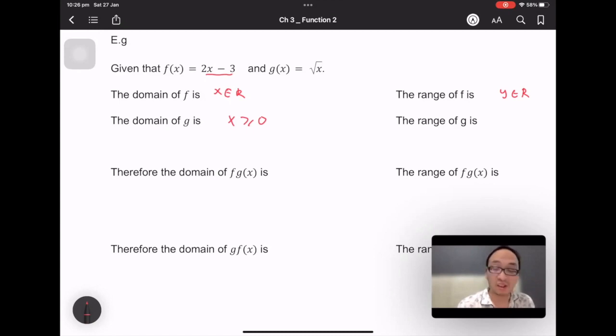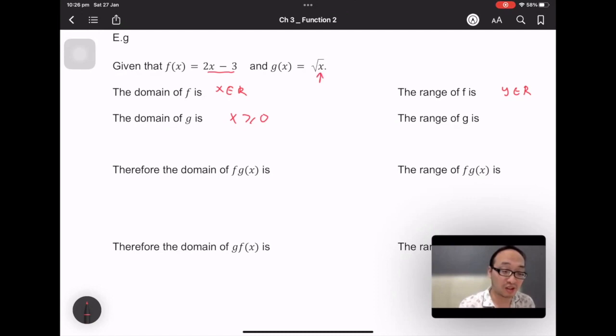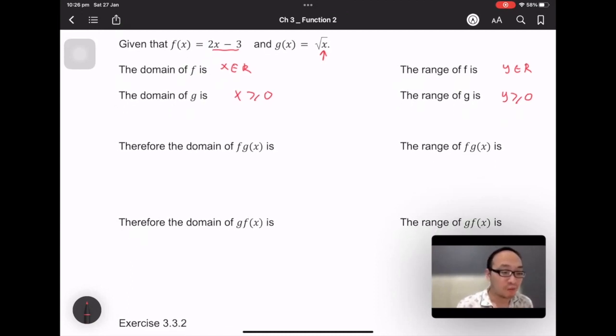So for the range of g, when we put 0 into the square root of x, the y will also be greater than or equal to 0. Now we have the domains and ranges for each function. Now, how do we determine the domain of fg and gf?